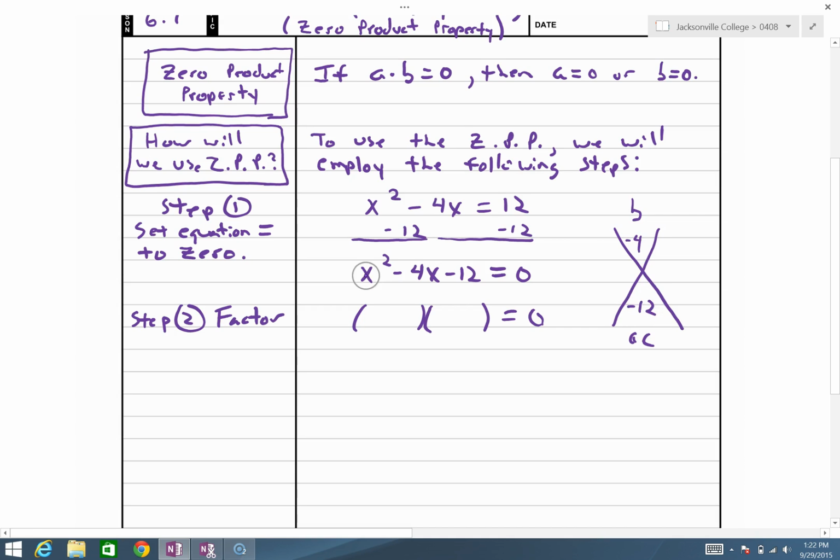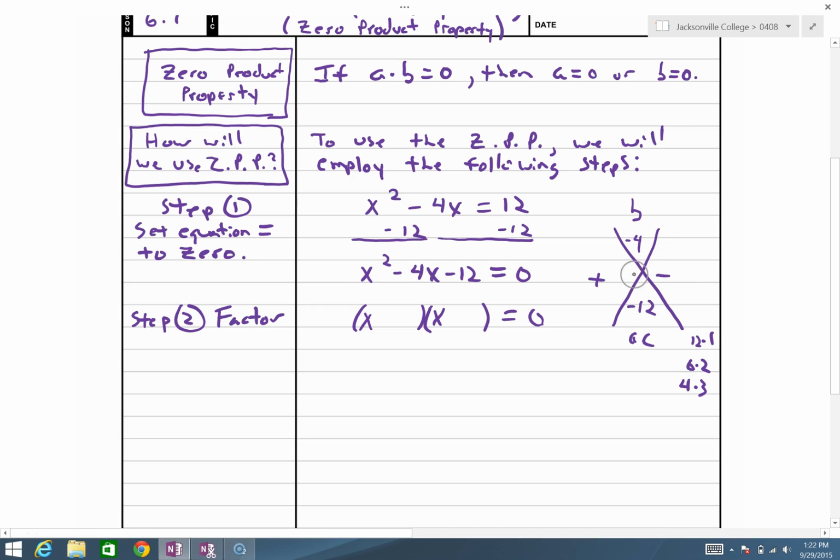I know to get x squared, it's going to be x and x. Since this is a negative, I want two terms that multiply to give a negative. One will be a plus and one will be a minus. What multiplies to give 12? That's either 12 times 1, 6 times 2, or 4 times 3. All of these will multiply to give 12. But since these signs are different, I want to think what subtracts to give 4? Well, 6 and 2.